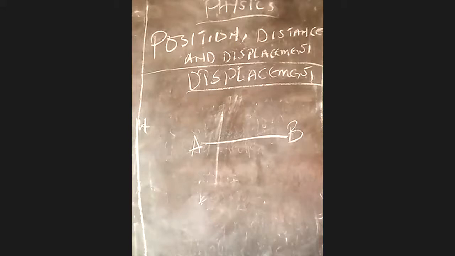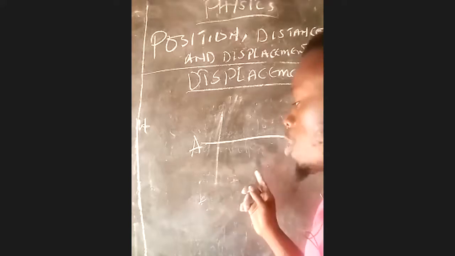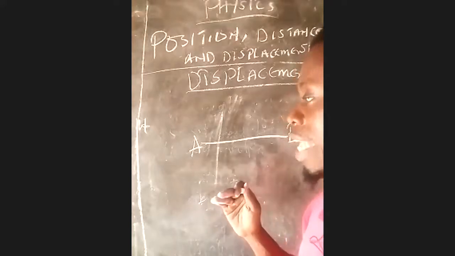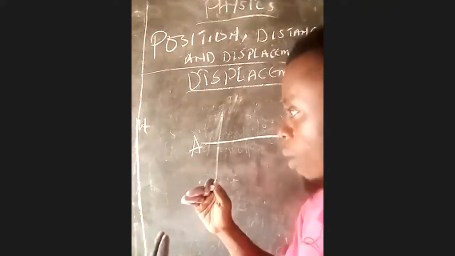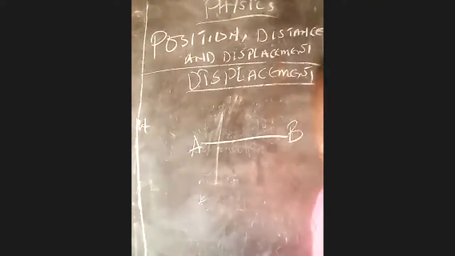Displacement is a change in the position of an object, and it requires distance and direction to specify it, because it deals with the distance traveled by an object in a specified direction.